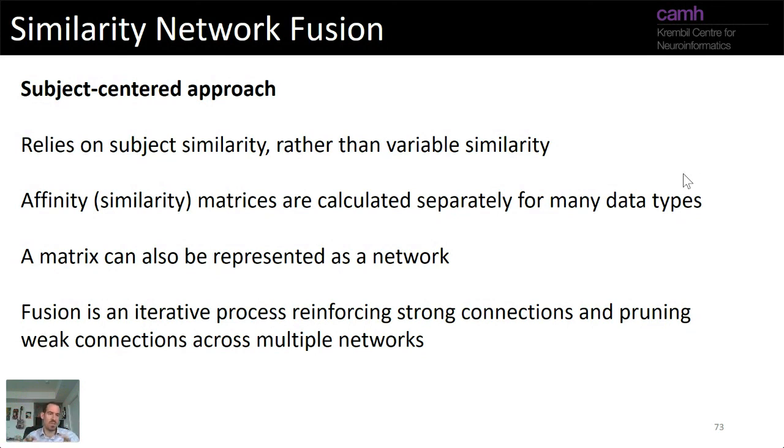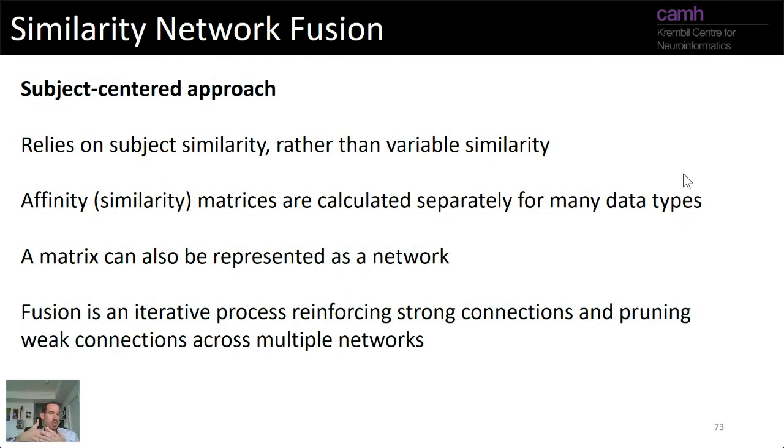And then the final step is this fusion step, which is what similarity network fusion does. Because we can identify subtypes according to one modality or another with just that first step, these affinity matrices, what happens when we fuse the networks, when we use information? Because now remember, if you have the same set of subjects in each of your data types, the affinity matrix is going to be a matrix of subjects by subjects, right? Pairwise.